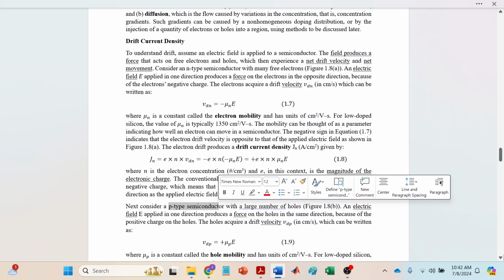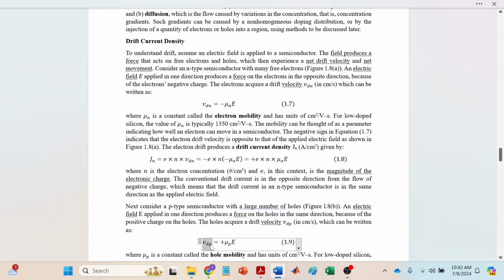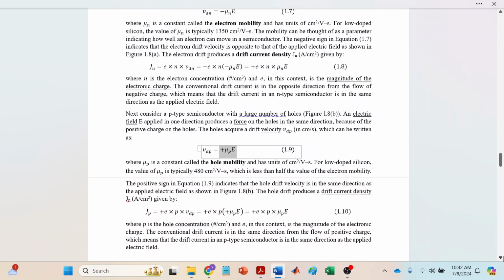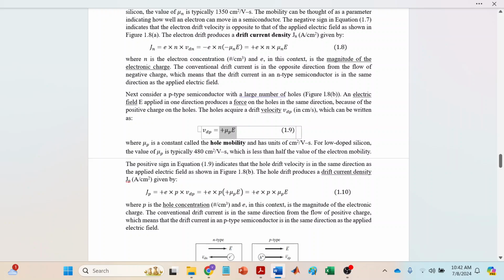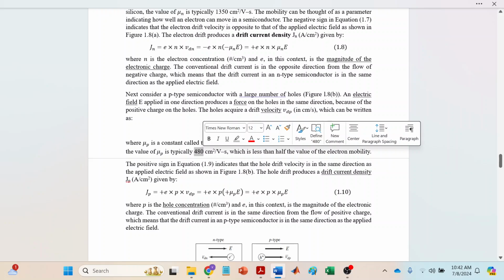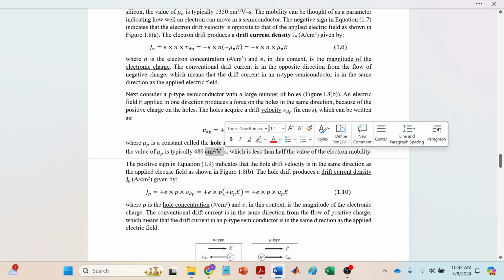So when an electric field is applied, a force is produced, and that force results in a net drift velocity, which results in a net movement, and that velocity is given by this equation, where mu p is the hole mobility, a constant, and for low doped silicon is usually in the range of 480 and is given by this unit.